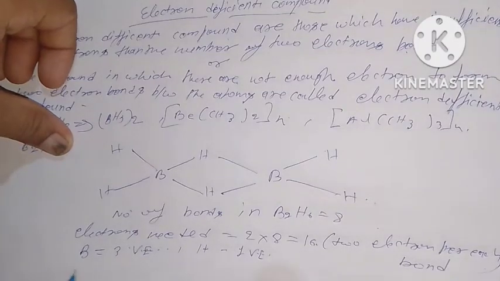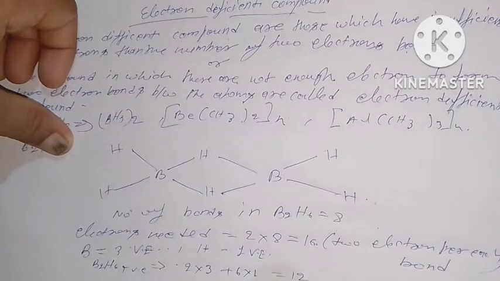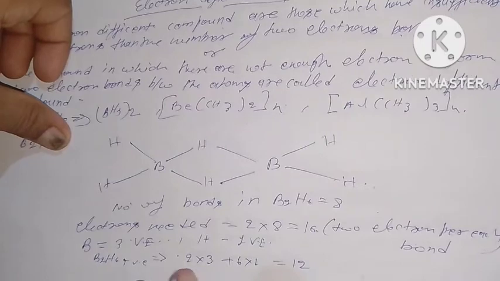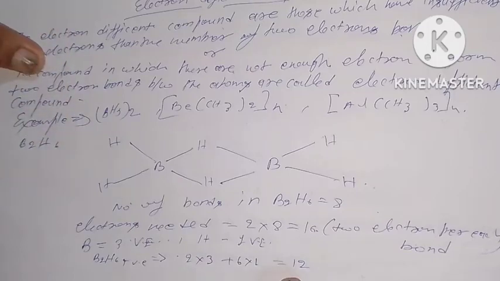Total valence electrons in B2H6 is 2 multiply 3 plus 6 multiply 1 equal to 12. Thus there are 12 valence electrons, sufficient to form 6 bonds, but B2H6 has 8 bonds.